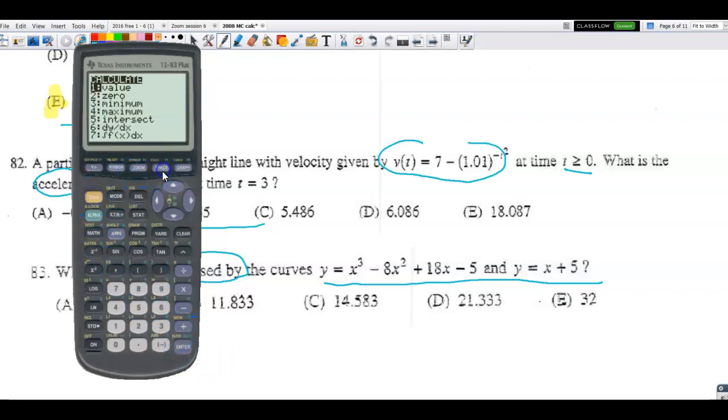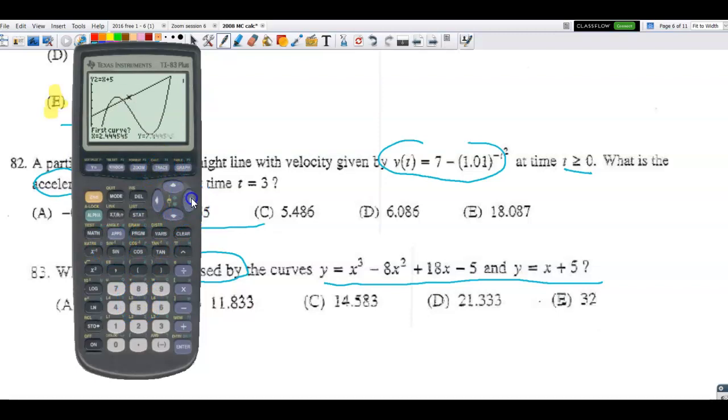And then I'm going to find the second point of intersection, second calc number 5. And it has to be closer to that point of intersection. And that one is 2. Again, don't need to really store that, but I'm going to store alpha B, enter. And that last point of intersection, second calc 5.